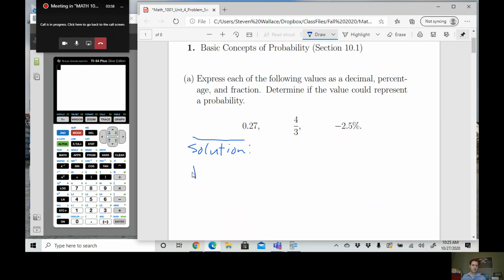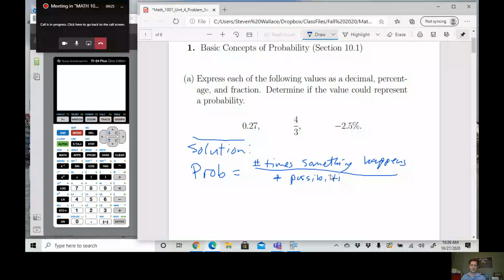So probability is a ratio of the number of times something we care about happens divided by the total number of possibilities that are in the realm of likelihood.